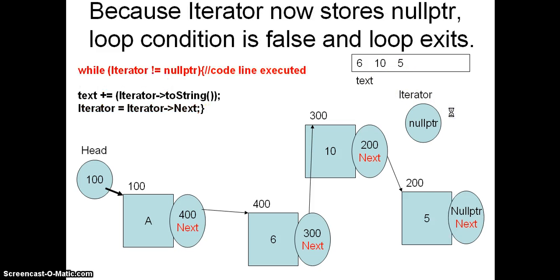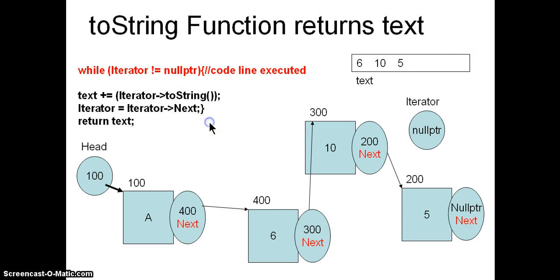But we still need to see that this time iterator is storing null PTR. So this condition is actually false now. So we'll exit the loop. Okay. And then the toString function will return this text. Okay. The loop is finished and this text is returned actually.